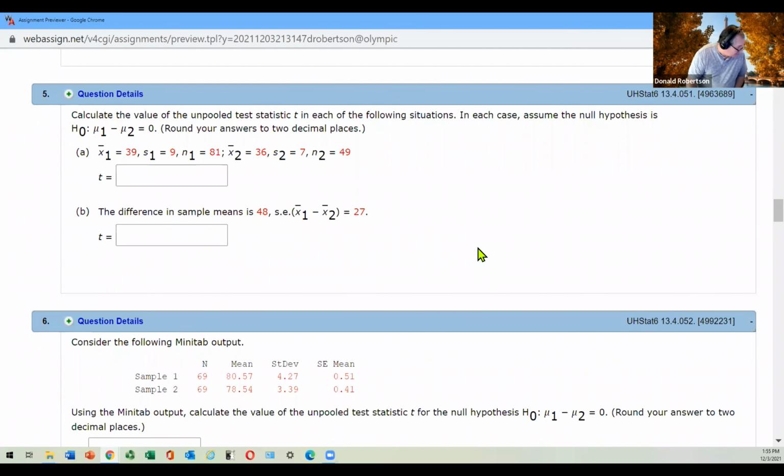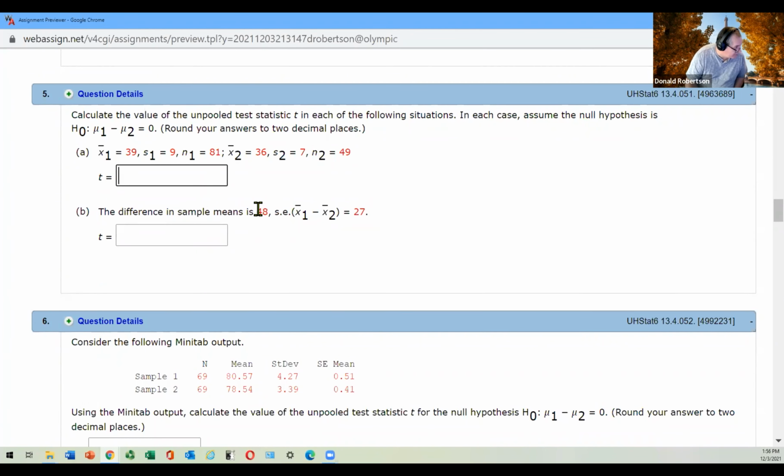I'm going to kind of skip by this one. Do you see that you've got all the numbers you need to get the t-score? Right, we did that by hand. Wouldn't you take that number, subtract that number, and wouldn't you use these two guys here and these two guys here to get the standard error? So won't your answer be x1 bar take away x2 bar divided by the standard error?